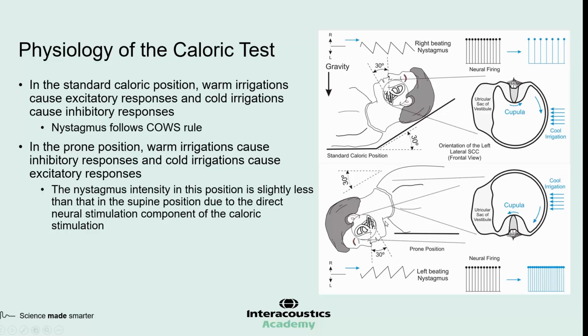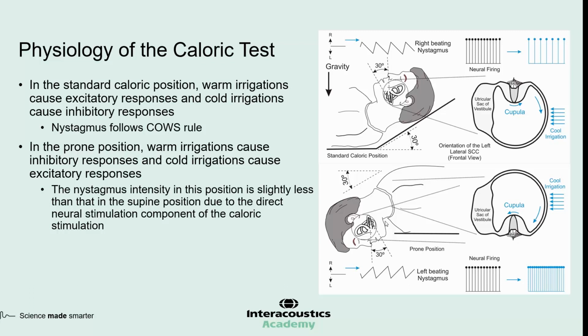The prone position used to have an application for the ice water testing. We don't do ice water that much these days, but it was a very interesting and effective way to determine, in a person who had strong spontaneous nystagmus, if you were doing ice water, whether the change that you're seeing is actually a caloric effect or if it's just spontaneous nystagmus.